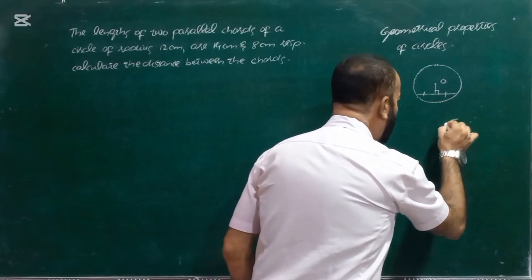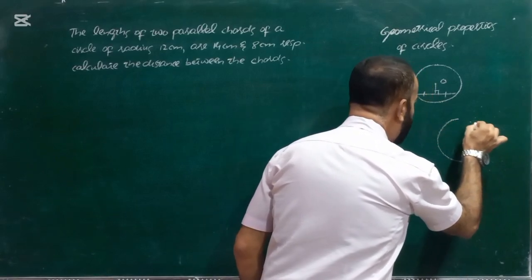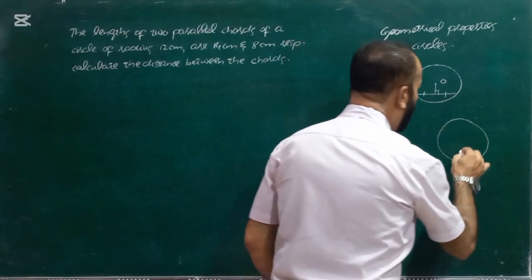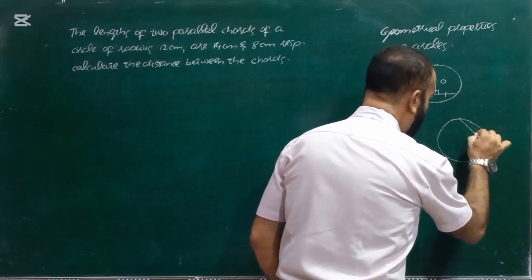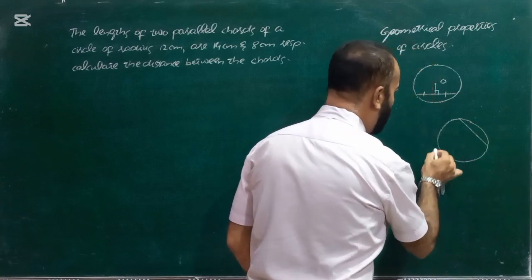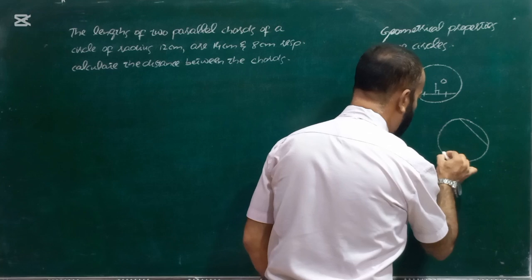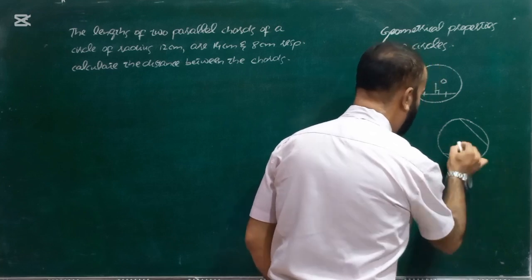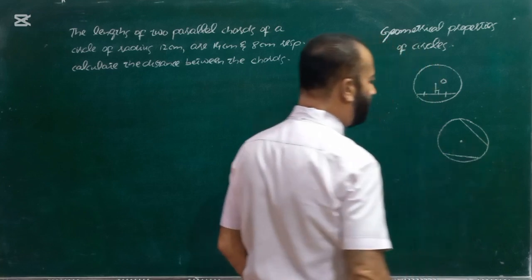Okay, the second property is equal lengths of the chords. If there are two equal lengths of the chords in a circle, so listen carefully.